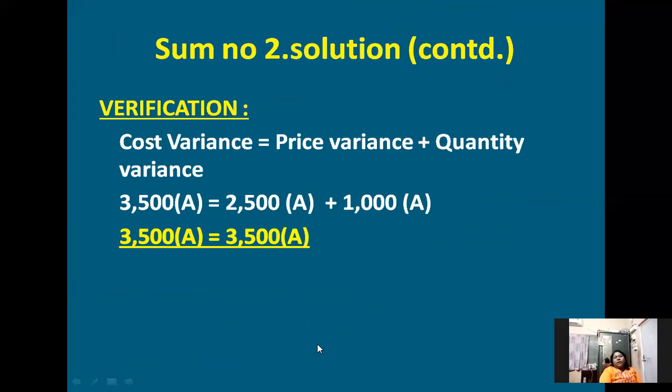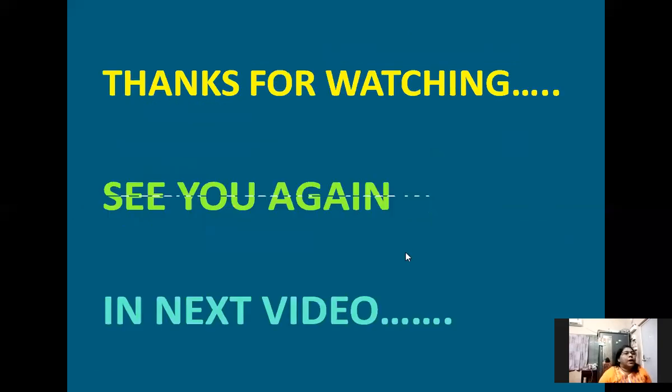So our calculations and our answers are correct. So this is the way you can cross verify yourself whether the cost variance, price variance and quantity variance answers are correct.